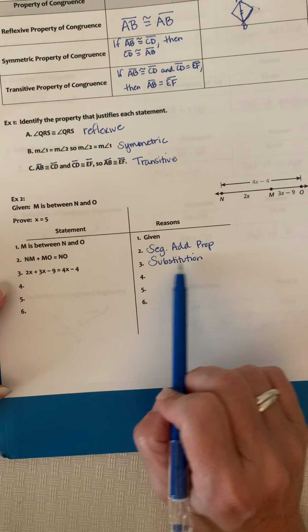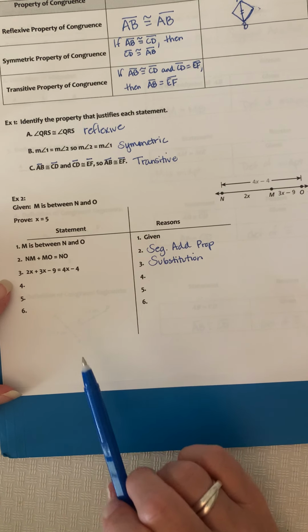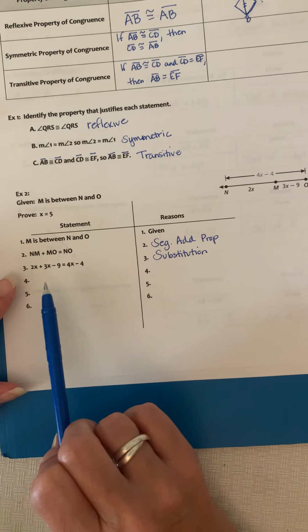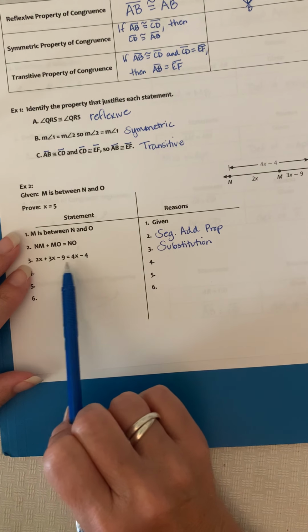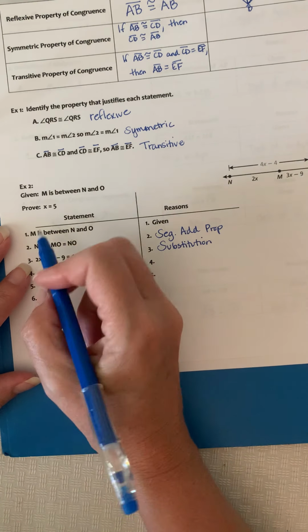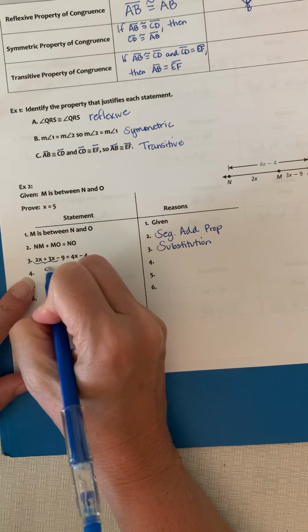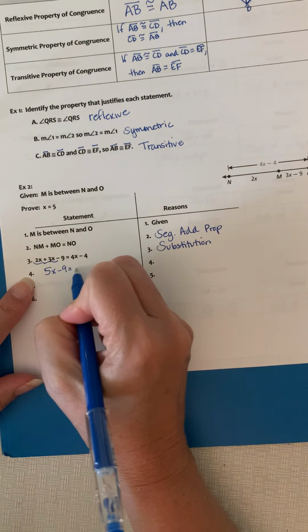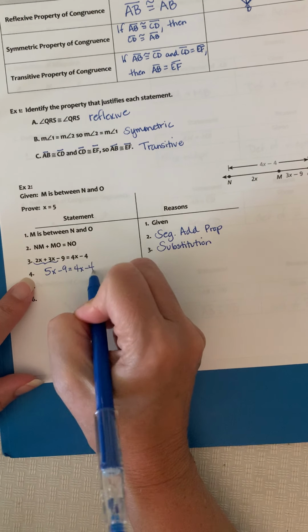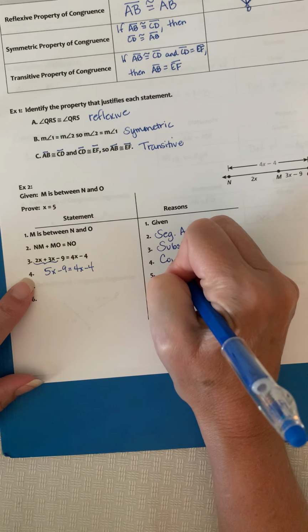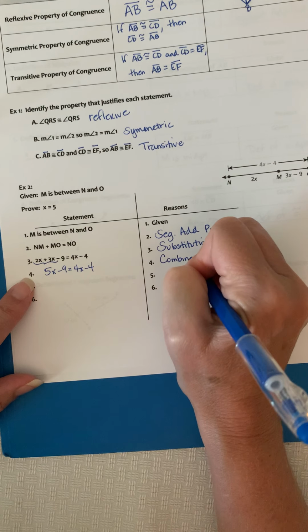So I like to spell those two both out to make sure I'm not making a careless error. Now we're going to be solving an algebraic proof. So what do we do first? We combine our like terms. So we have 5x minus 9 is equal to 4x minus 4. And just like I said, we did combine like terms.